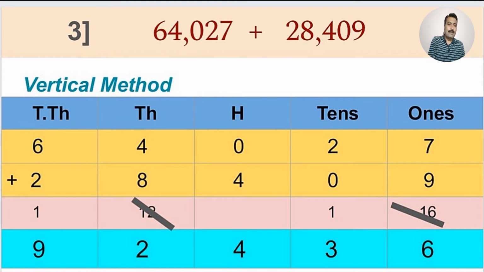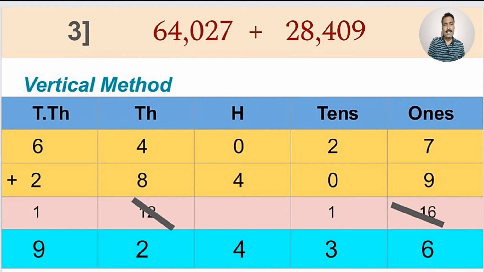Thereafter 4 we write below 0 in the hundreds column, 0 below 2 into the tens column, and 9 below 7 into the ones column.